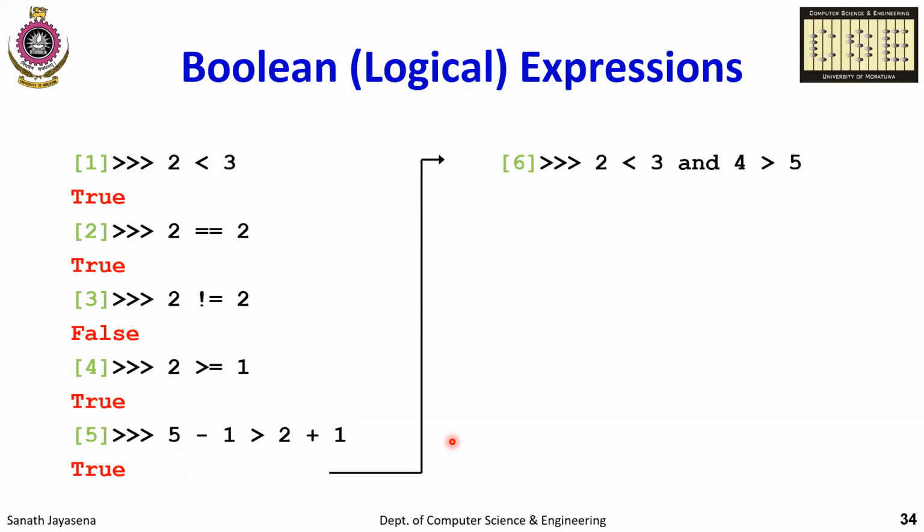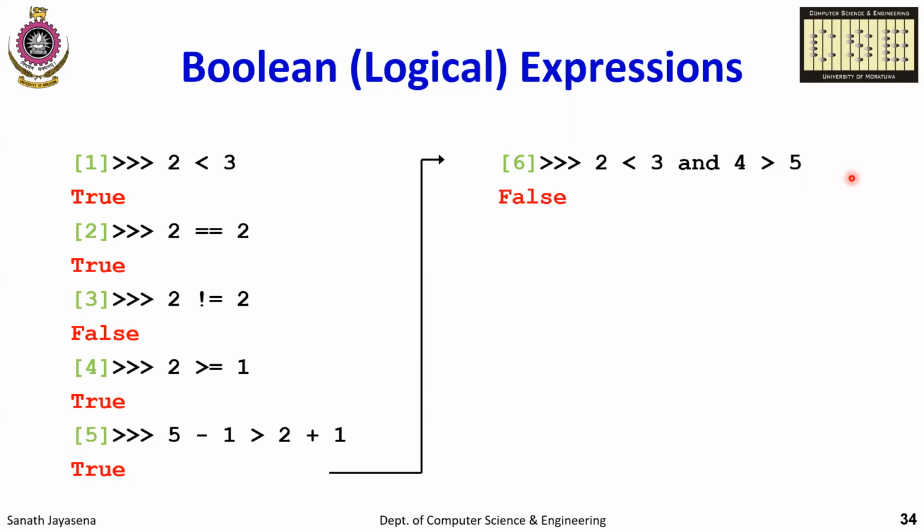And continuing, so far on this side you can see all the logical operations are single operations, right? You have a single comparison, 2 less than 3, or here 2 greater than or equal to 1, just one operation. But here you can see you can combine multiple logical or Boolean operations using keywords like AND. Now here this says 2 less than 3 and 4 greater than 5. So what will be the result?